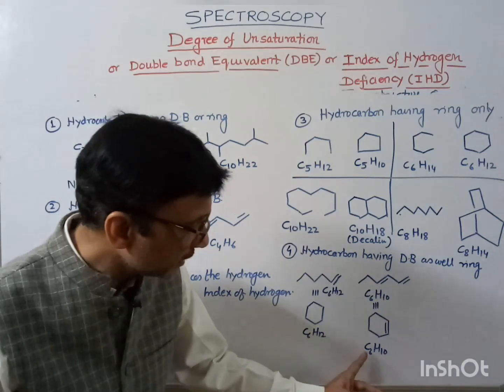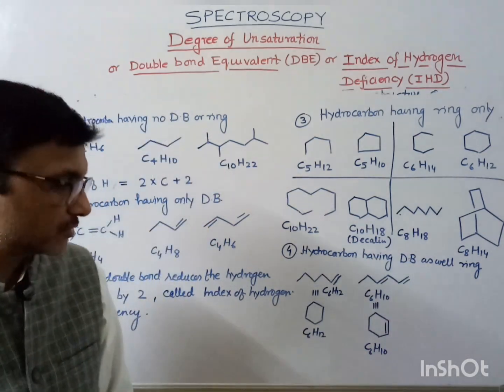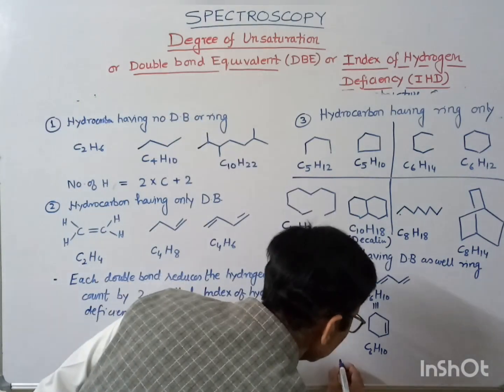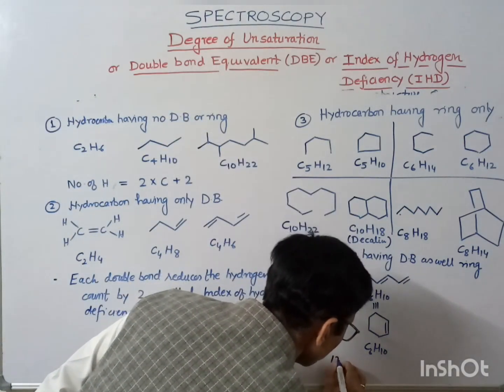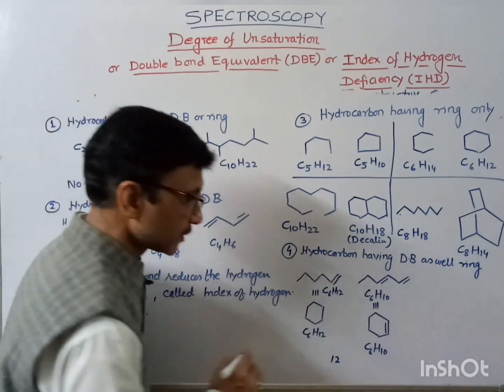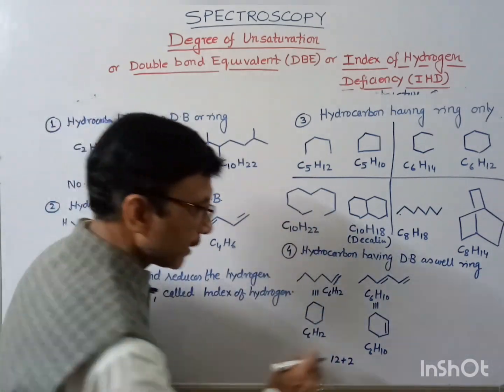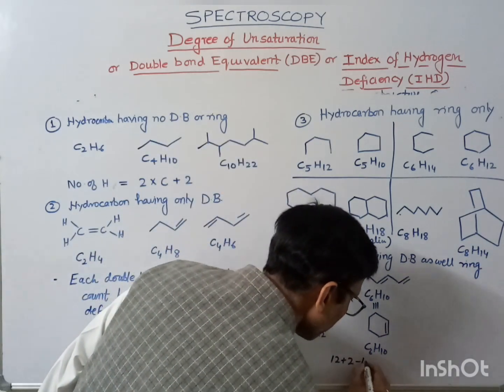So if we find the double bond equivalent from here, let us find the double bond equivalent for this. The double bond equivalent is equal to 2 multiplied by 6 is equal to 12 plus 2, okay, minus the number of hydrogen atoms.